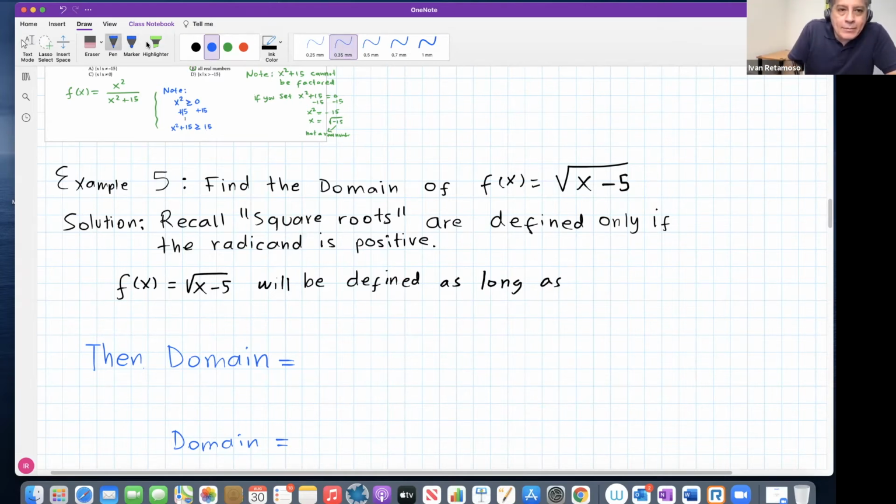And what is the radicand, Professor? The radicand is the stuff that goes inside the radical. As long as this is positive, your function makes sense.